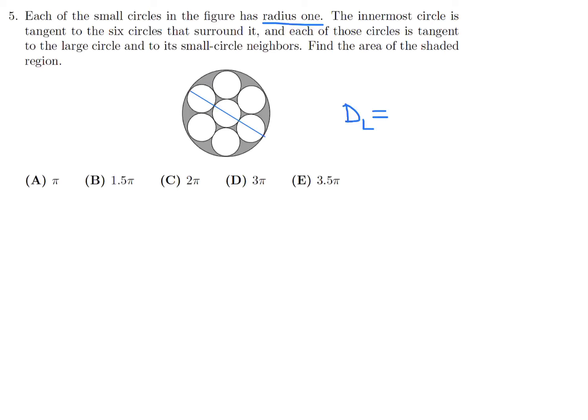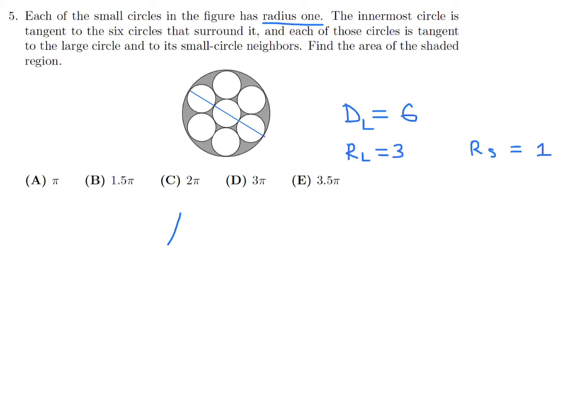So if you look at that diagram, that full blue line will have a value of 6, correct? Because each circle has a diameter of 2, because the radius is 1. So if the diameter of the large circle is 6, the radius of the large circle will be 3. And the radius of the small circles, RS, is 1. That's what the question tells you.